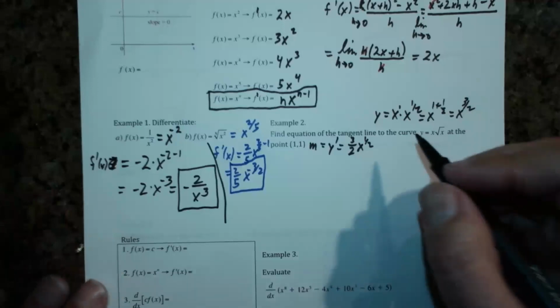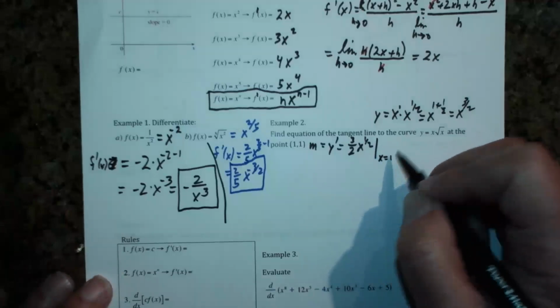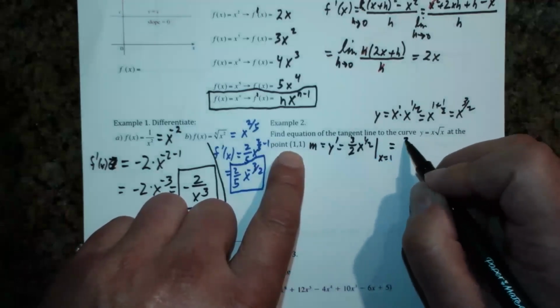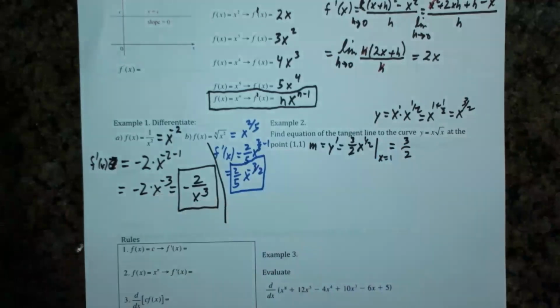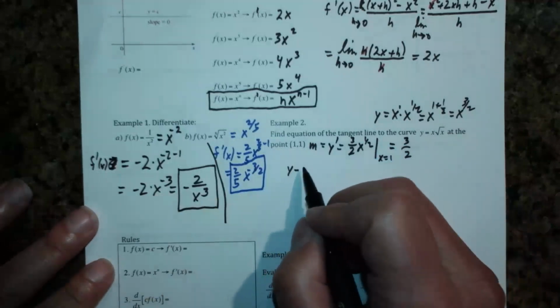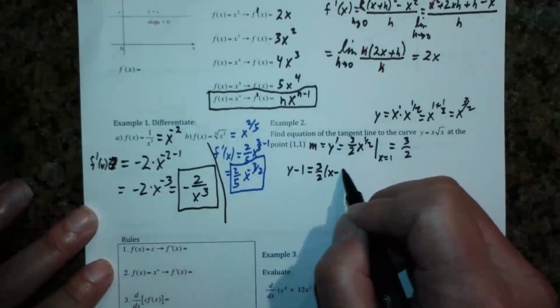And I'm going to evaluate this at x equals 1 from here. This gives me 3/2. There's my slope. Now, that's just the slope. We want the entire equation. This is going to be y minus 1 equals 3/2 times x minus 1.